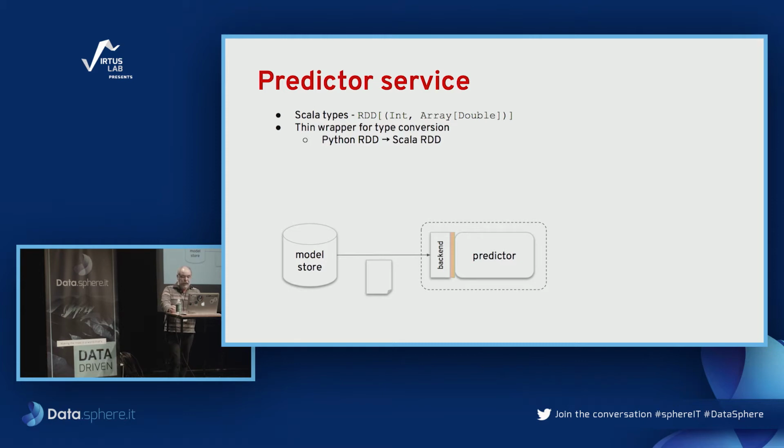In this specific case, we had two options. We could either convert the data to an RDD from the Python side and then pass the instantiated RDD to the thin layer for type conversion, or we could pass the whole data to the thin layer, do the type conversion there, and then convert it to an RDD. This makes a huge difference in performance.